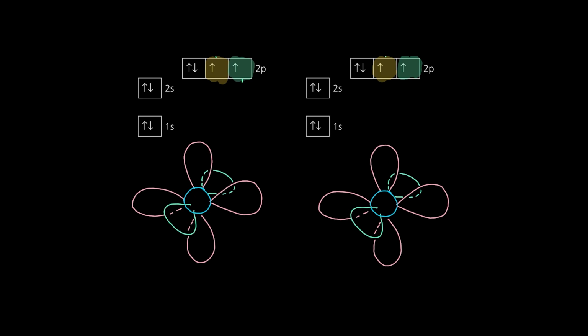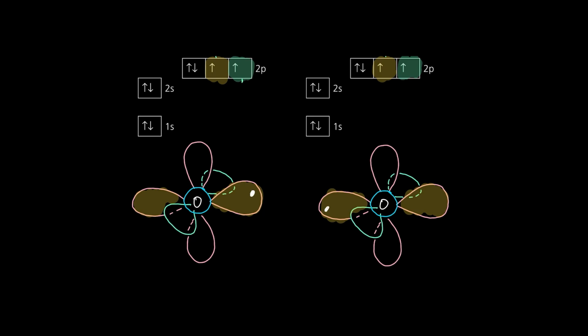So for example, this yellow highlighted orbital, let's say it's your horizontal one. These are oxygen atoms, obviously, right? So I've got oxygen in the middle. This is the oxygen nucleus. And these have one electron each, so one here and one here.